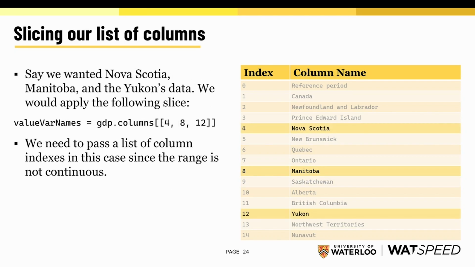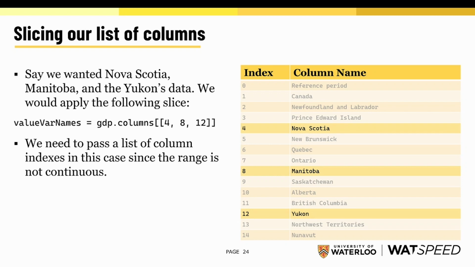Finally, say we wanted Nova Scotia, Manitoba, and Yukon's data. We could get clever with our slice. We could pass a list of column indexes in this case because our range of columns is not continuous. So these are a couple of different strategies for fetching different columns from your data frame.